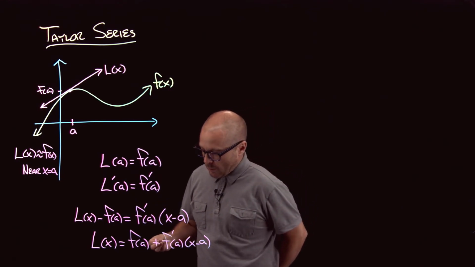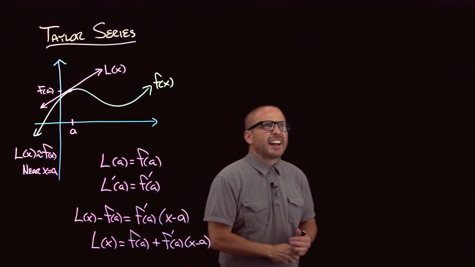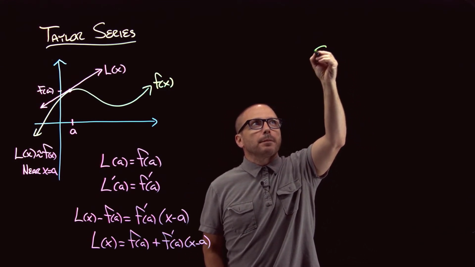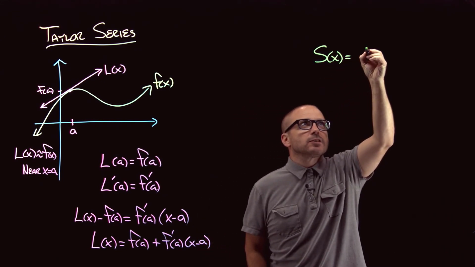So that is really the question that we're going to try and answer next: could we find some power series, and I'm going to use s of x for the function notation.